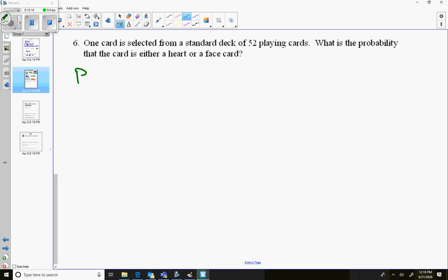So we're looking for the probability of a heart or a face card. So I would say probability of heart union face card. That's what we're looking for.